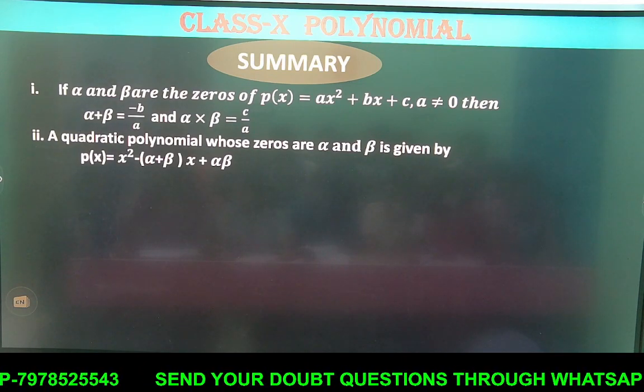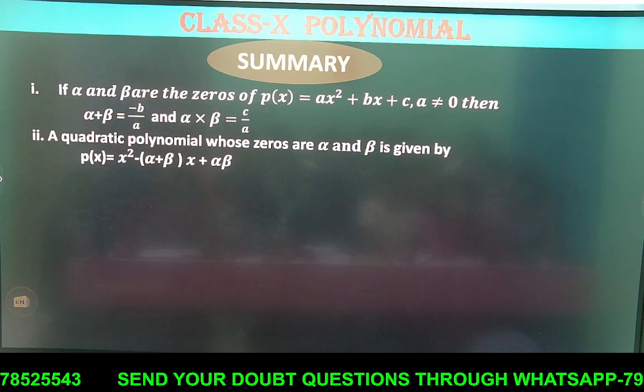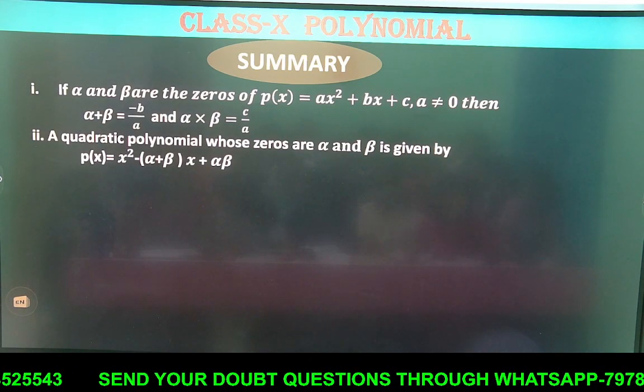Clear? Product of zeros means alpha into beta. Okay, if alpha and beta are the zeros, then how can we write a polynomial?